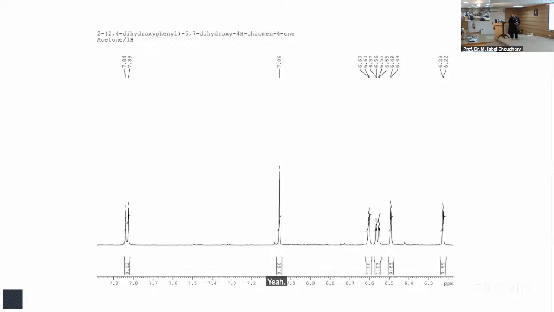Whenever this kind of situation appears, you need to calculate the J value of 1,2 and 1,3. So here 1,3 means 6.57 minus 6.56. This is 1,2. And 1,3 means 6.57 minus 6.55. Okay, so this is the J value you need to calculate.